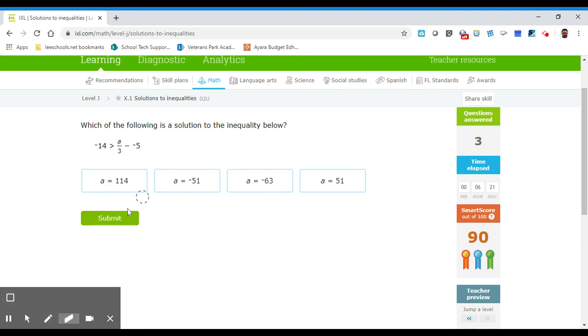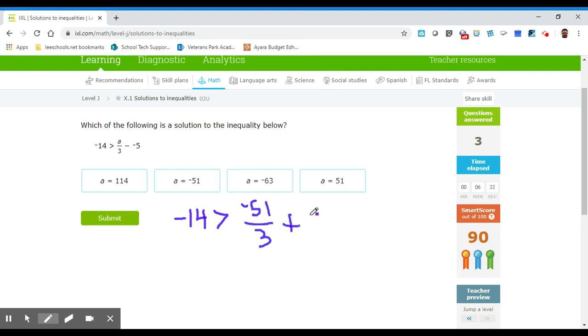All right, we're going to plug negative 51 in there and see what we get. So negative 14 has to be bigger than negative 51 divided by 3 plus 5. Okay, so negative 51 divided by 3, well, it goes in negative 17 times, plus 5.